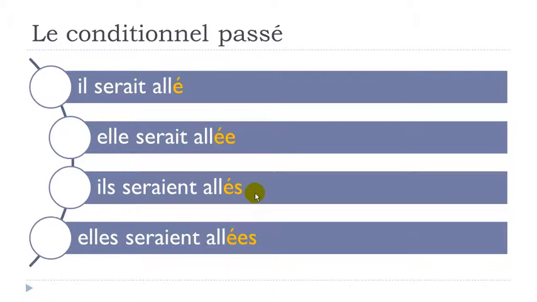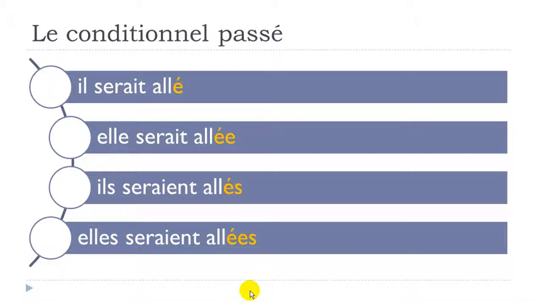And then logically, feminine plural, you should add a mark of the feminine, as we had previously, and S, mark of the plural. And guess what? You don't pronounce it. So phonetically it's allé, allée, allés, and allées. All right, but you need to write them.